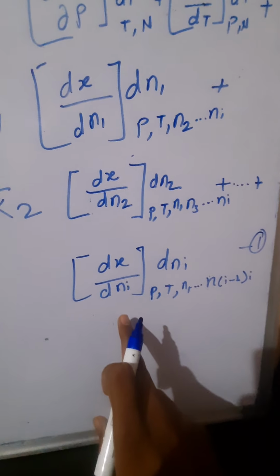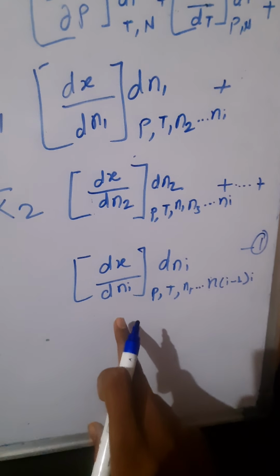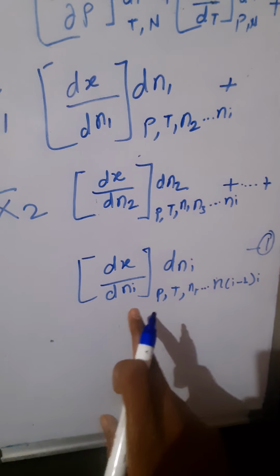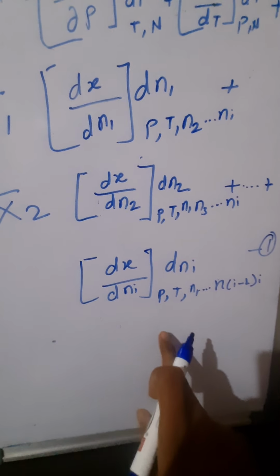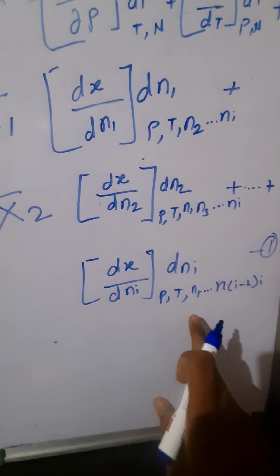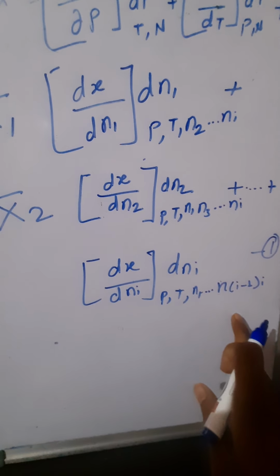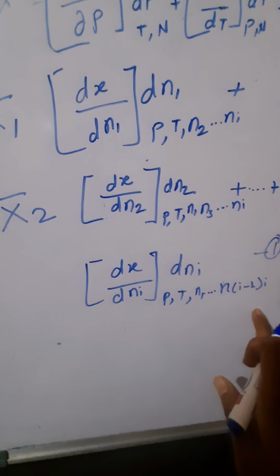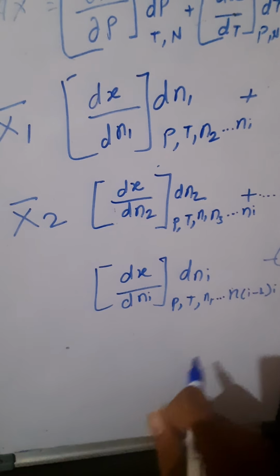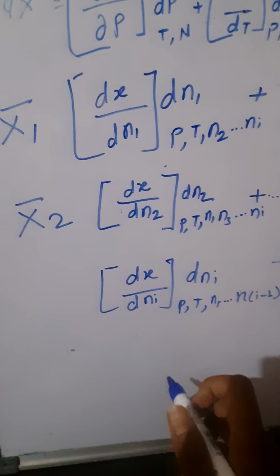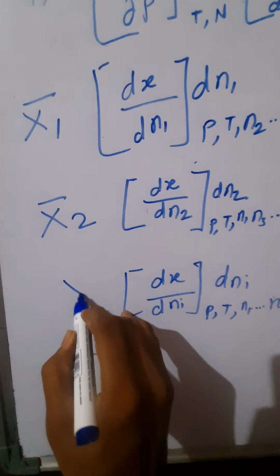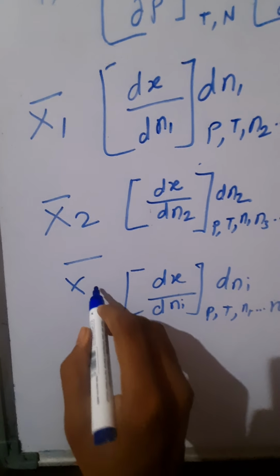And lastly, the quantity (∂X/∂ni) at constant pressure, temperature, n1, n2 up to n(i-1) is called the partial molar property of the ith constituent and is denoted by Xi bar.